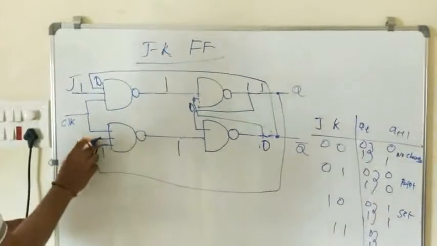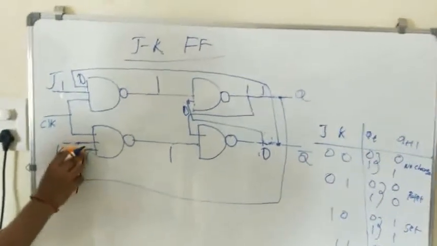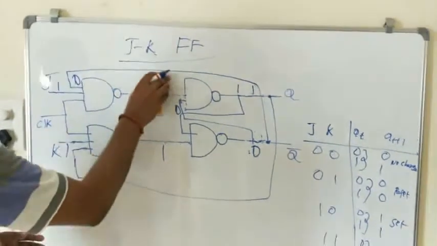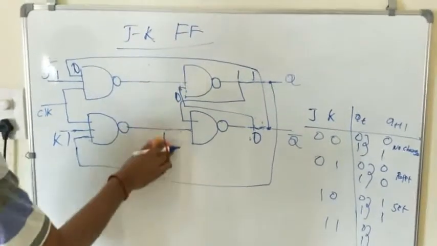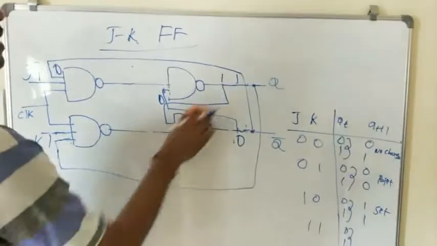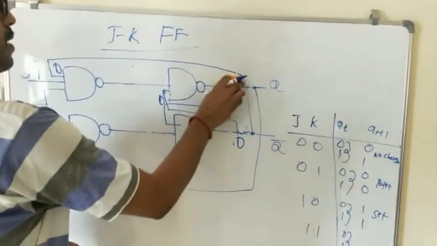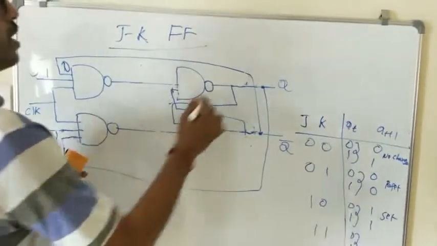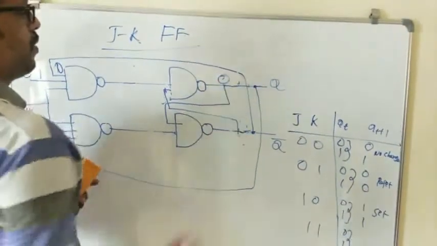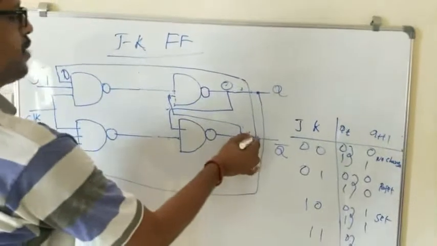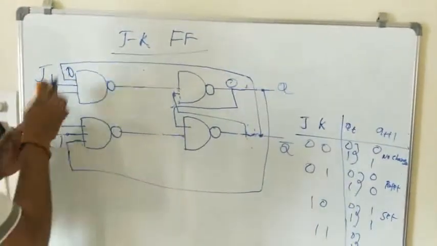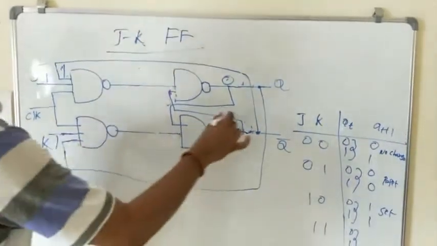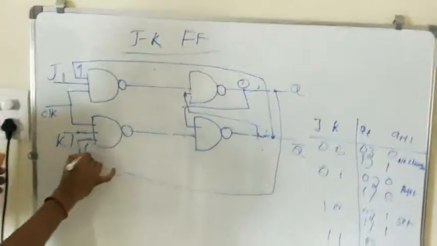Now J is 1 and K is also 1. Now we have to check it based on the present state and study the next state. Now we assume that Q is 0. Q is 0 means what will happen? Q dash becomes 1. Q is 0 means this is 0.